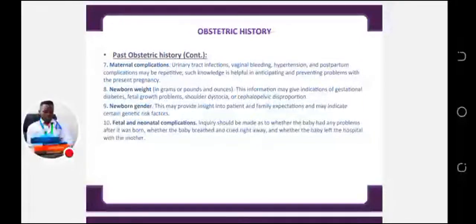You need to check if there is any injury, whether the baby has had any problem after it was born, whether the baby breathed and cried right away upon delivery, or whether the baby left the hospital with the mother.